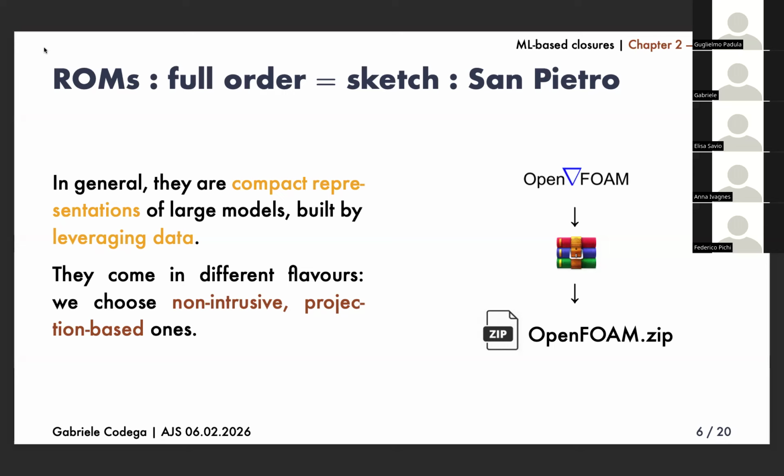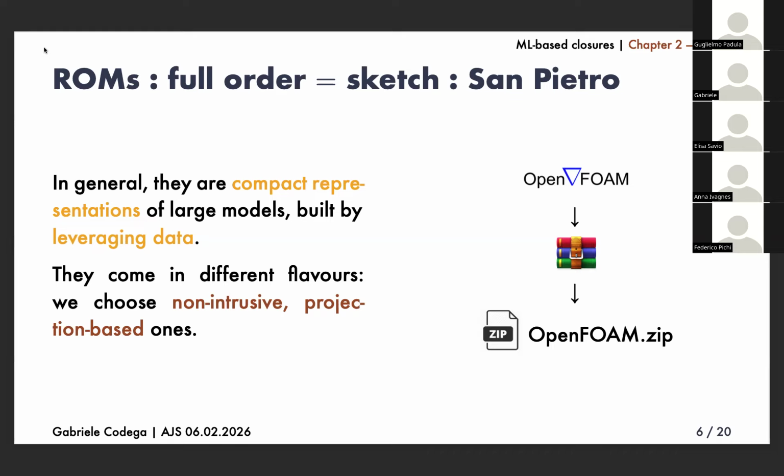So in general, you could say that a reduced order model is a compact, compressed representation of some other large, expensive mathematical model. Typically, you build, I say typically because now you also have some other exotic stuff, but typically ROMs are built with data.